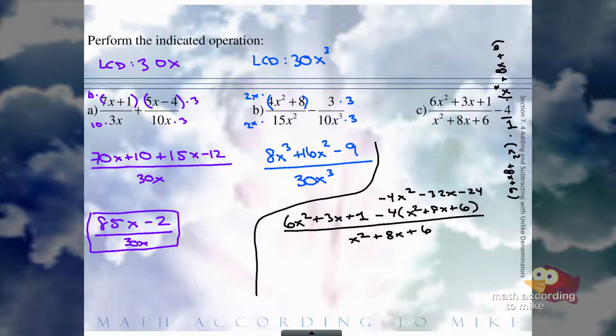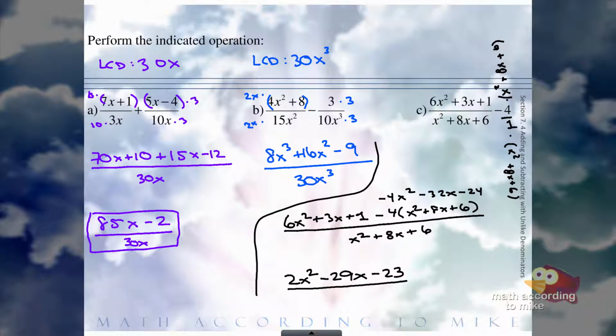I put it up there to save some space. So now combining like terms, 6x squared minus 4x squared makes 2x squared. 3x minus 32x is minus 29x. And 1 minus 24 is negative 23.